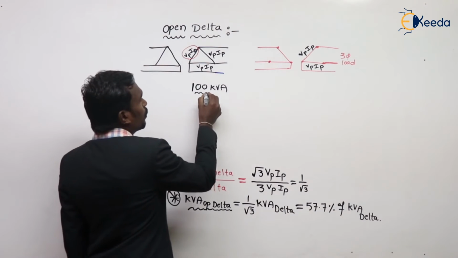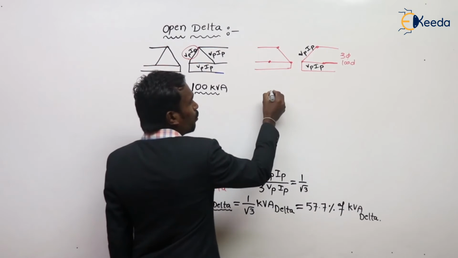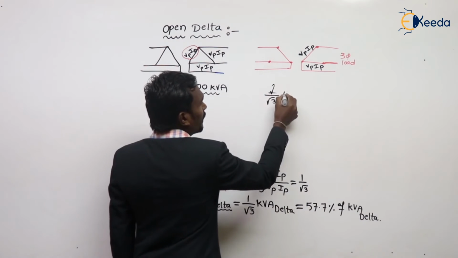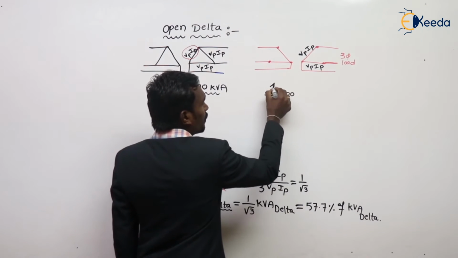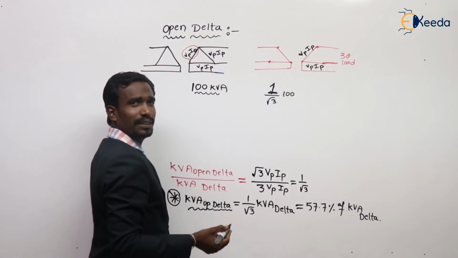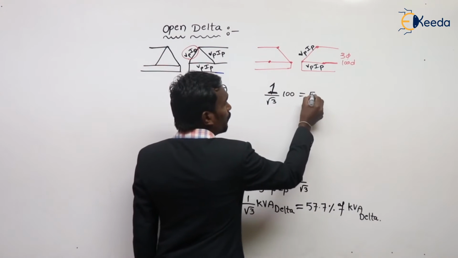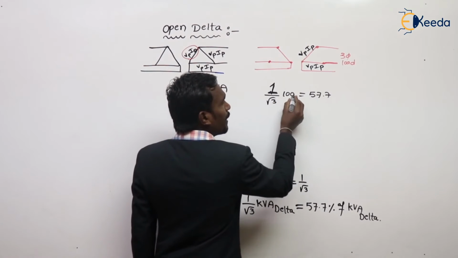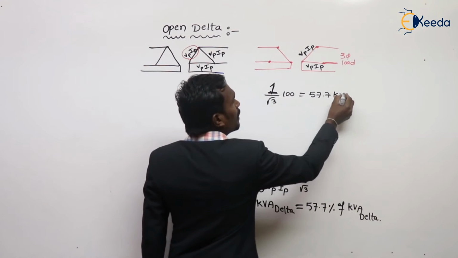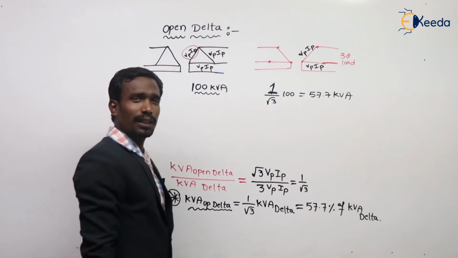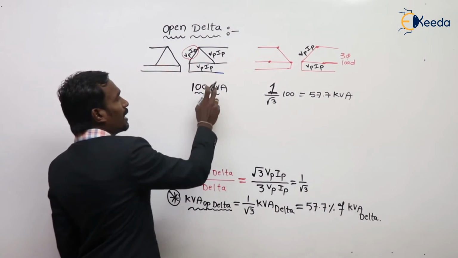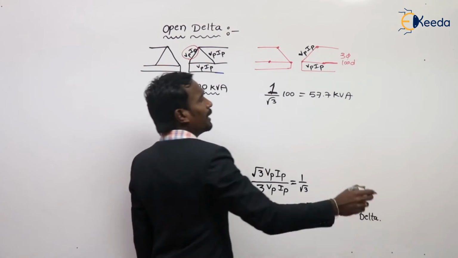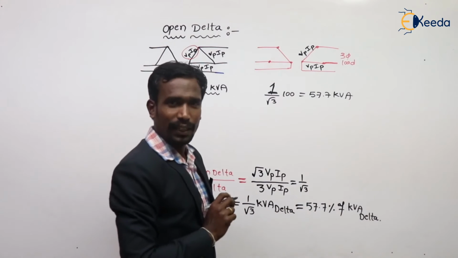In delta, if the load kVA is 100 kVA, in open delta the load kVA is 1 by root 3 times 100, or 57.7% of 100, nothing but 57.7 kVA only. On closed delta, if you apply 100 kVA, then in open delta you can apply only 57.7 kVA.